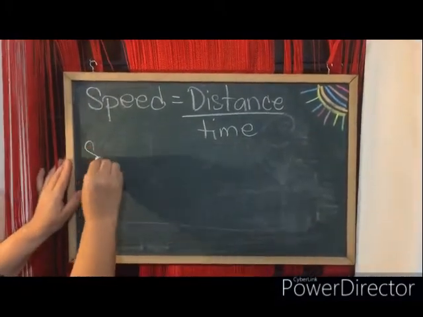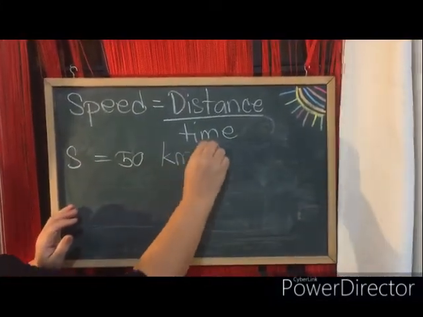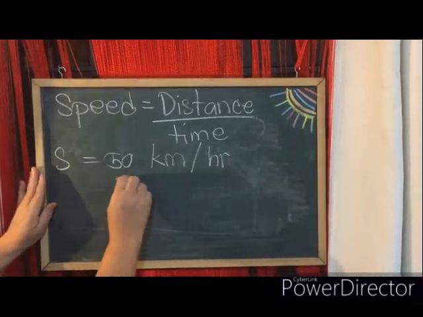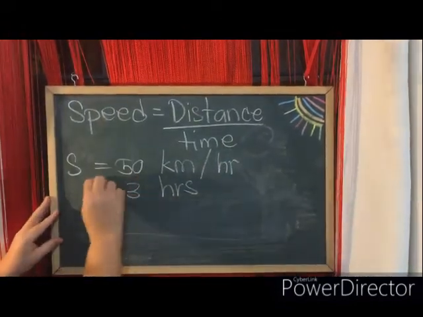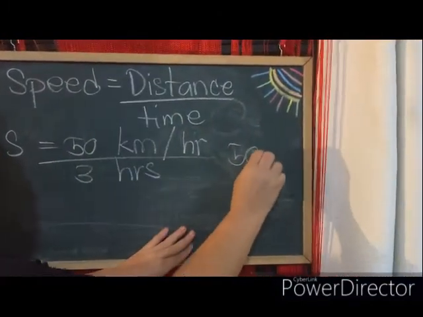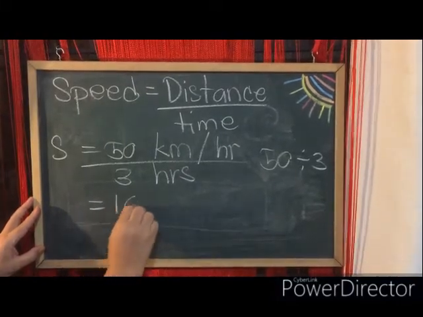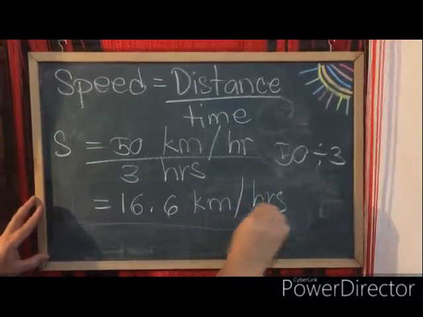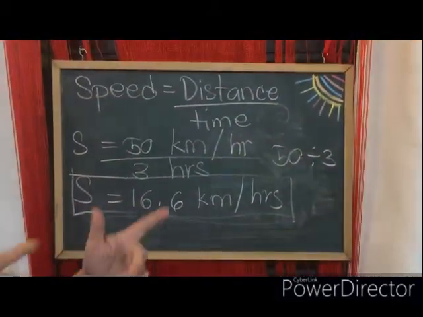Let's say 50 kilometers per hour divided by... okay, now 50 divided by 3, or 50 divided by 3 equals 16.6 kilometers per hour. So, that is the speed.